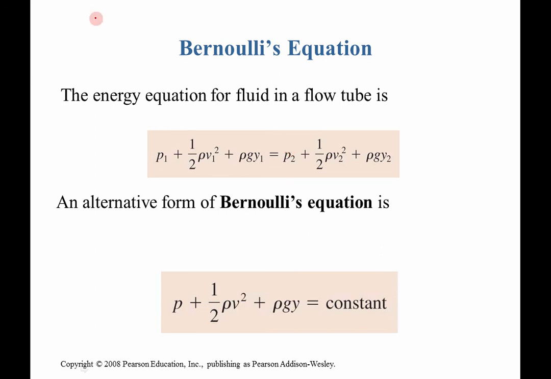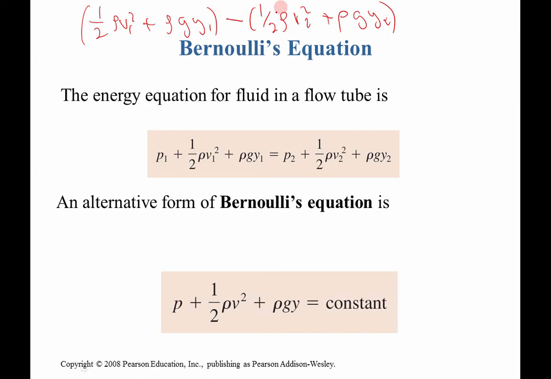We can rewrite this as 1/2 rho V1 squared plus rho g Y1, which is kinetic plus potential at 1, minus 1/2 rho V2 squared plus rho g Y2, which is kinetic plus potential at 2.